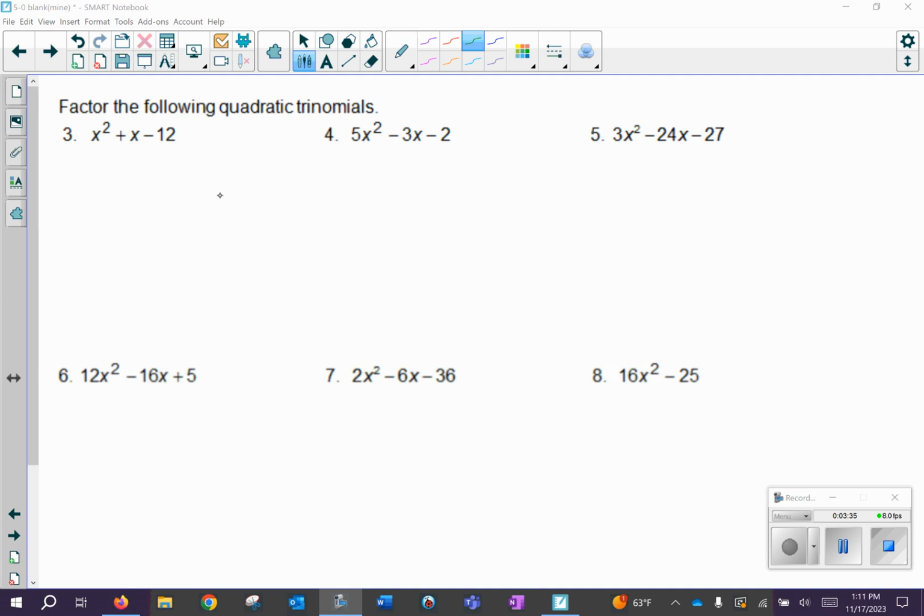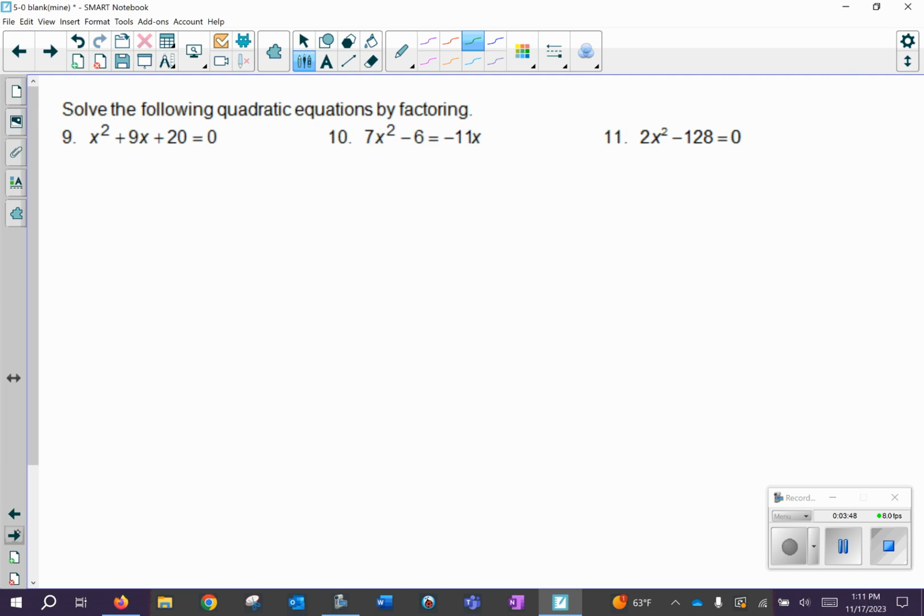Now, super important for me to point out the difference. There is a super big difference between this direction of factor and the next page directions which say solve. And you can't ask me during a test or a quiz which one it is, so you have to know.